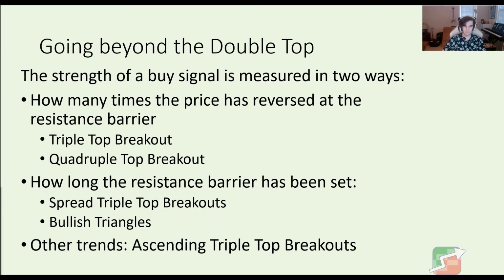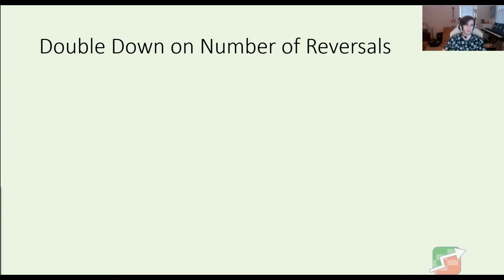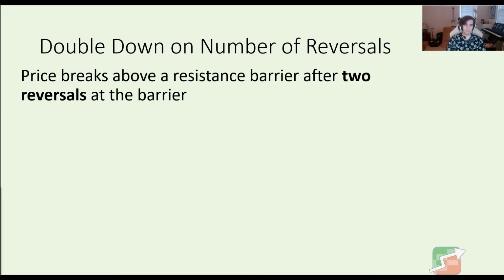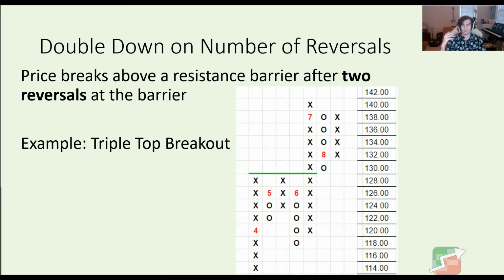So let's look a little bit more at what happens. Remember, our price breaks above a resistance barrier after 2 reversals, let's say. That's what's called a triple top breakout. So here we see it jumped up once, stopped above the 128, below the 130, and turned around.